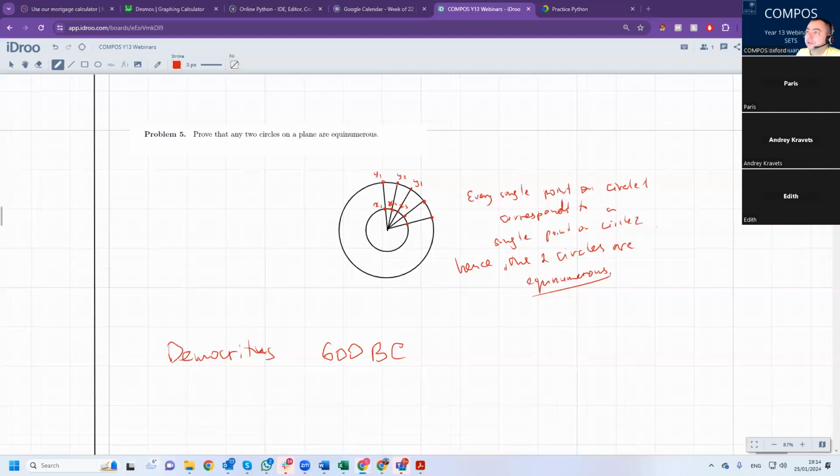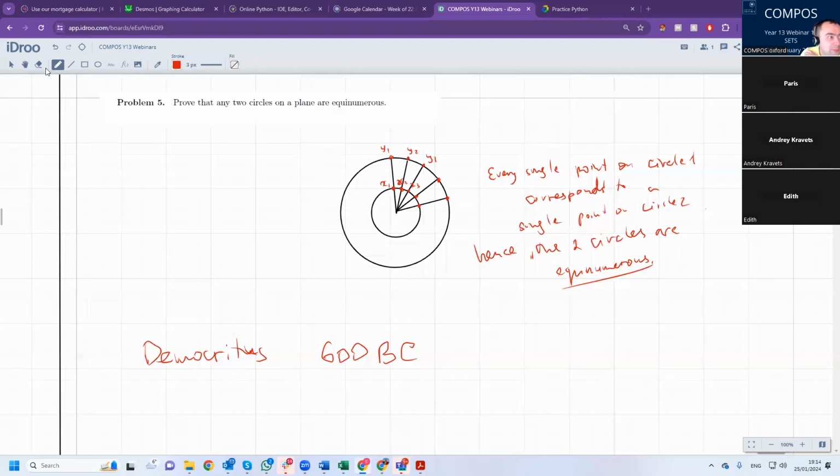Democritus, 460 BC. Okay. I'm off by a couple of hundred years. So 460 to 370 BC.